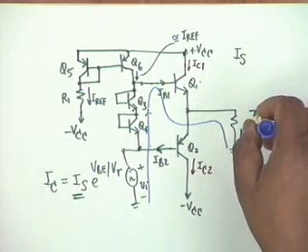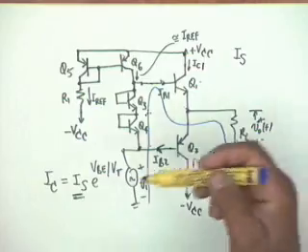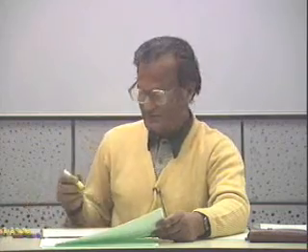Is that okay? From which, since the voltages are identical, you get Vi equal to V0 minus 0.7. Agreed?